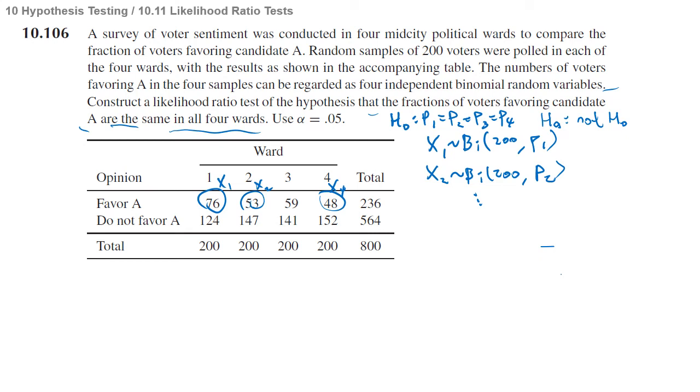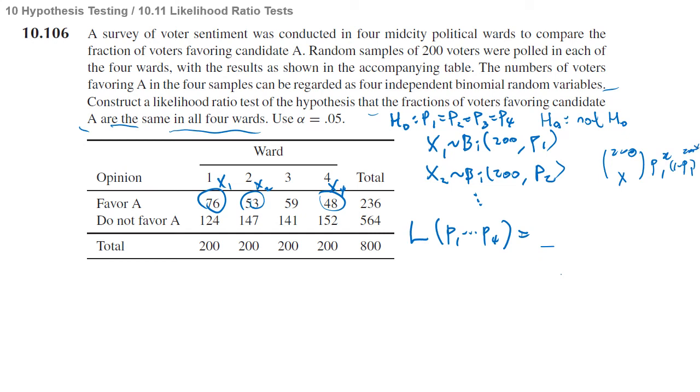And so the likelihood of P1 to P4 is, since the binomial density is 200 choose x, P1 to the x, 1 minus P1 to the 200 minus x.